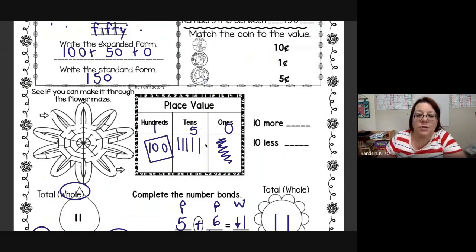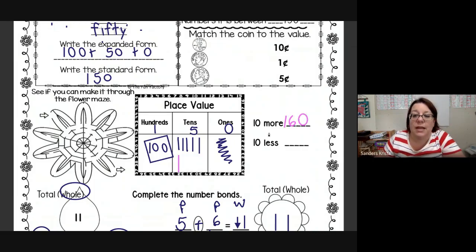I need to draw another 10 in my tens place, but I like to line it up like a group of, like a 10 frame. So now I have one group of 100. That stayed the same. Now I have 6 tens and my ones stayed the same. So I have 0 ones.